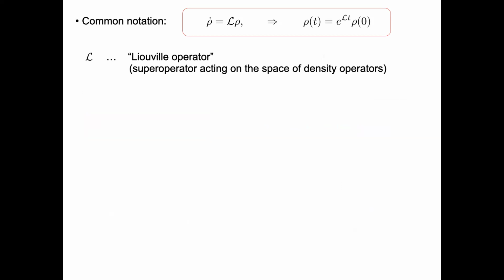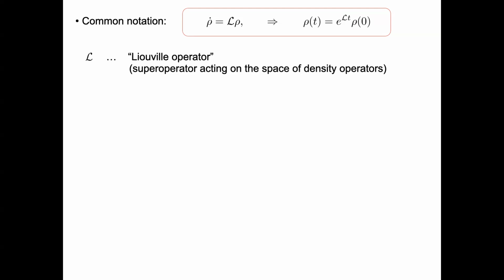If I have a linear equation, usually that means a matrix acting on a vector. Now our rho itself is a matrix, an operator, but still it's a linear equation, so I can express my rho in an extended basis.